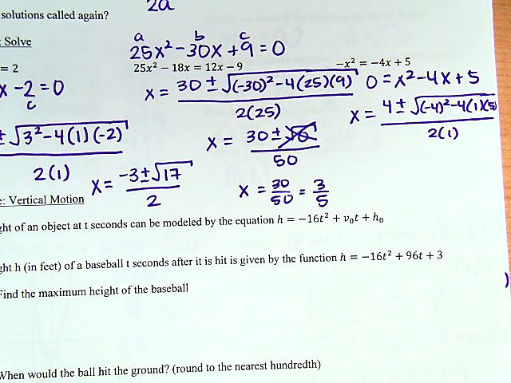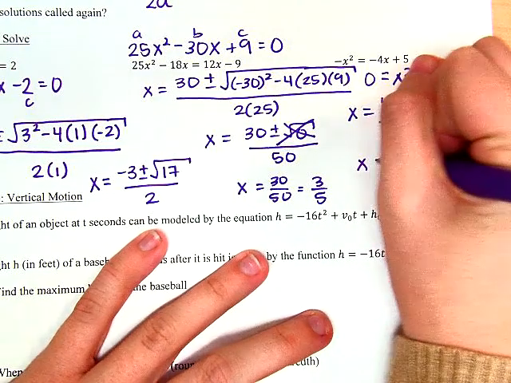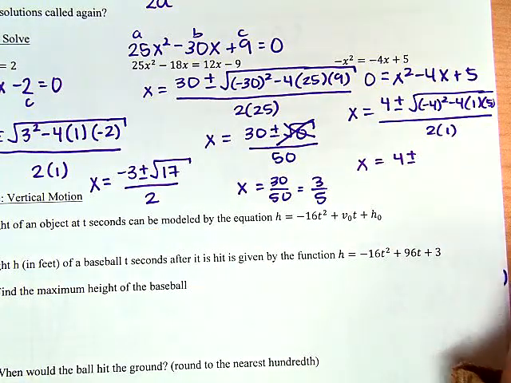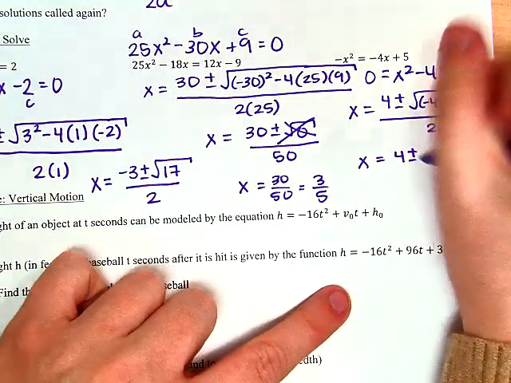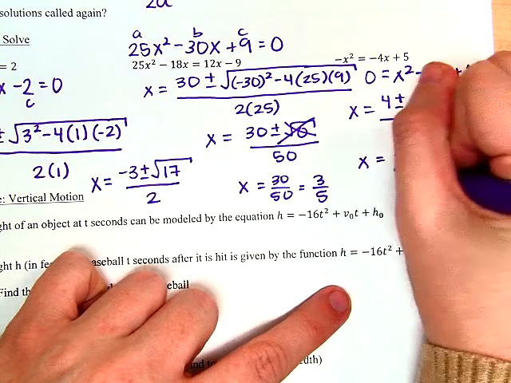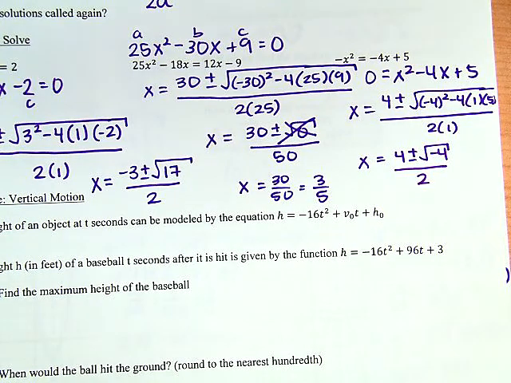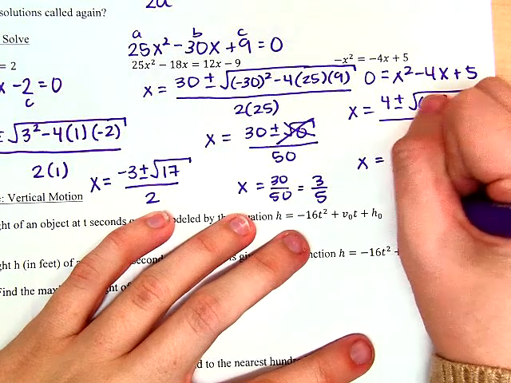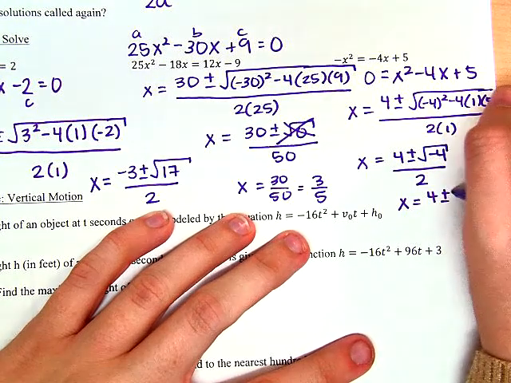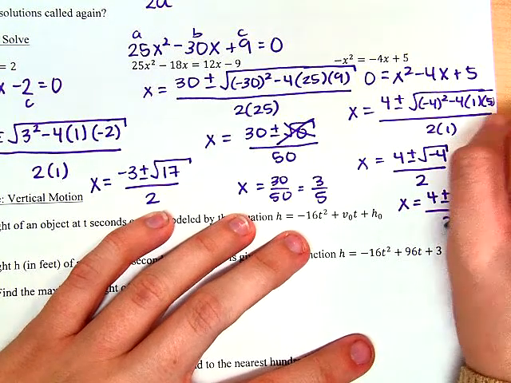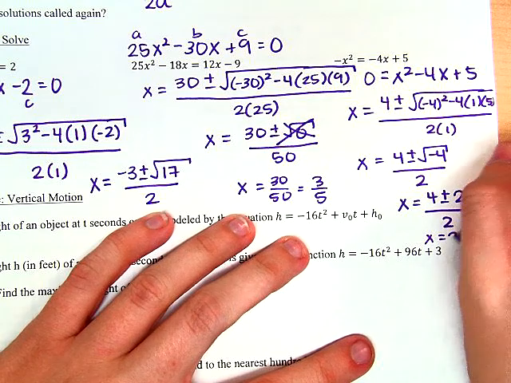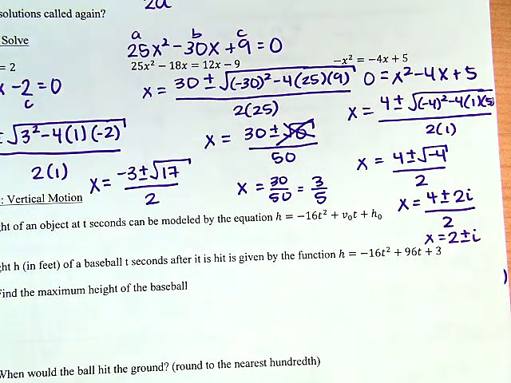Now when I go to solve this thing, I got x equals 4 plus or minus, and then when I do this in my calculator, I get the square root of -4 over 2. So when I do my square root of -4, it can simplify to 4 plus or minus 2i over 2, which becomes 2 plus or minus i.